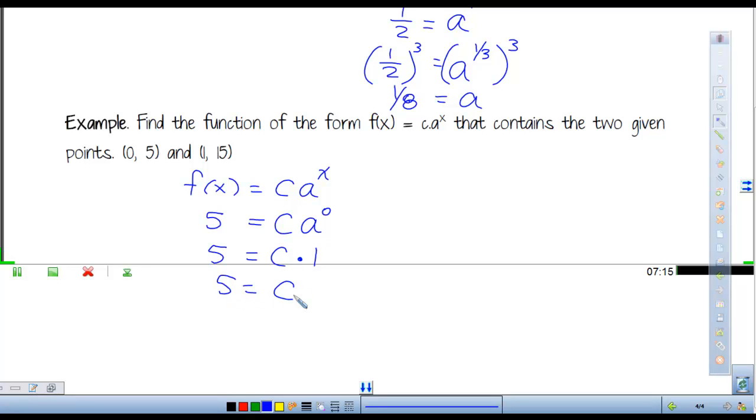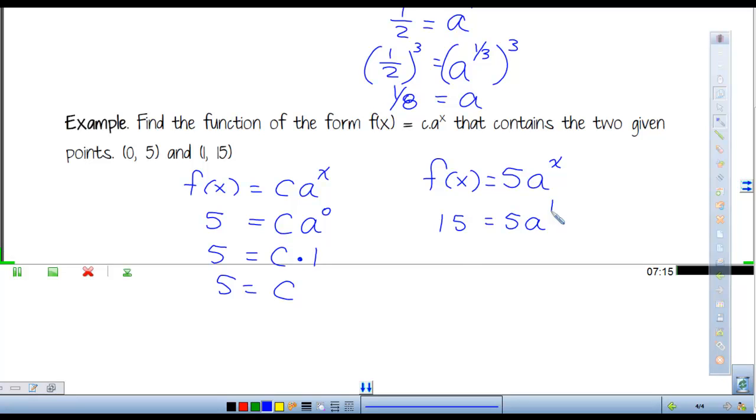Now I can improve on my model. Instead of just saying f of x equals c times a to the x, we can say f of x equals 5 times a to the x, because we just solved for c. And I'm going to use my second point. So we get 15 equals 5 times a to the 1.